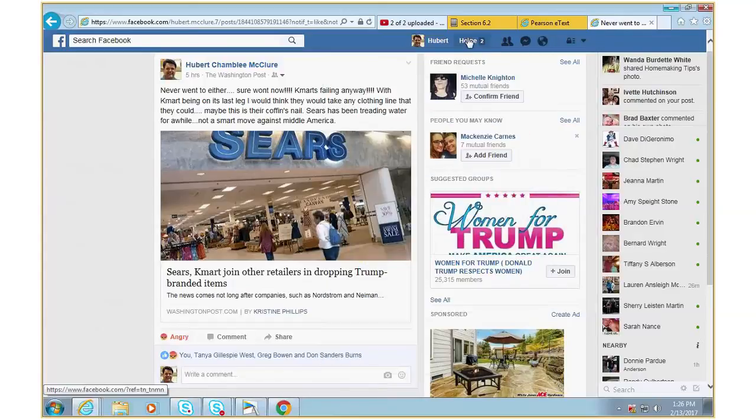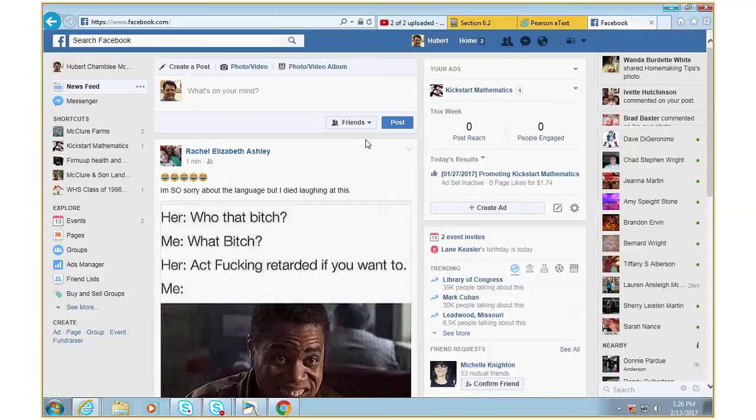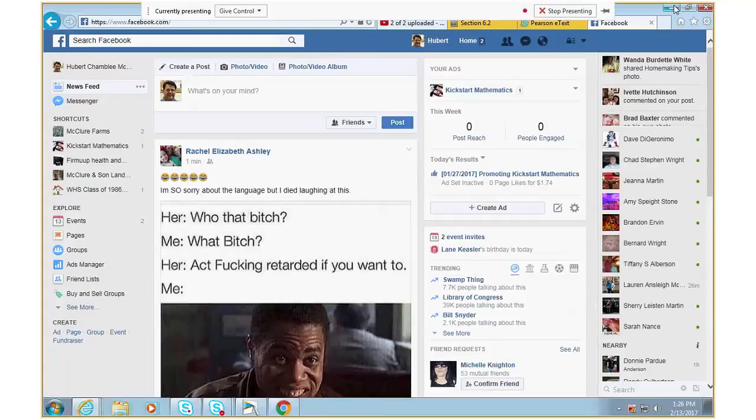I want to ask y'all an economics question. If you're a CEO of a company that's already about to go under, do you nationally claim that you're going to boycott a line of clothing? So if you're Kmart or Sears, who's about to go under anyway, you go on national TV or the national media and say, we're going to boycott Trump line of products.